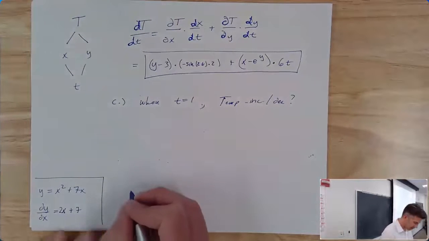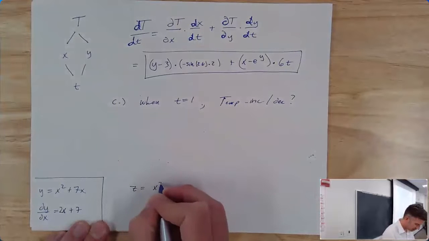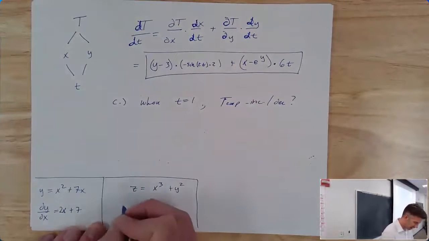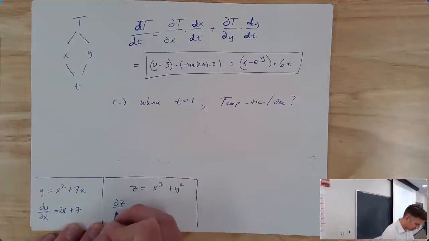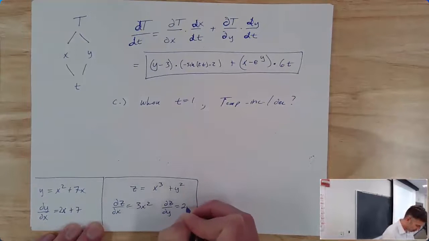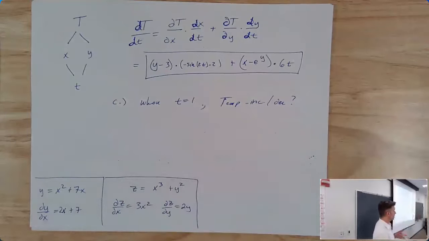On the other hand, if I have z equal to x cubed plus y squared, and I start finding partial derivatives, I'm going to say ∂z/∂x is equal to 3x squared, and ∂z/∂y is equal to 2y. We use the del notation if your function is a function of more than one variable, and we use the d notation if your function is a function of just one variable.